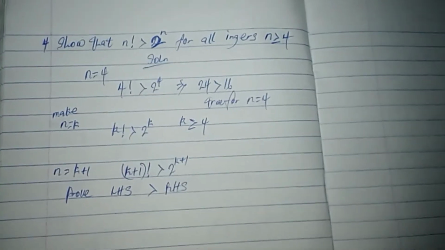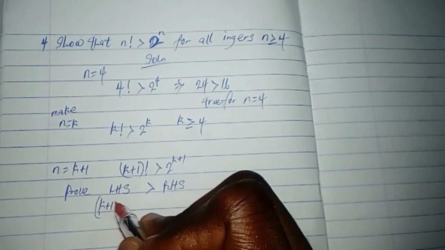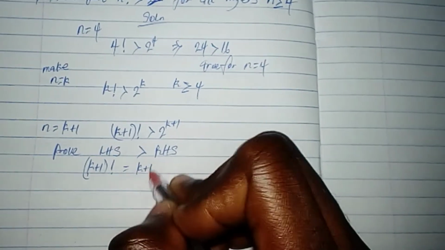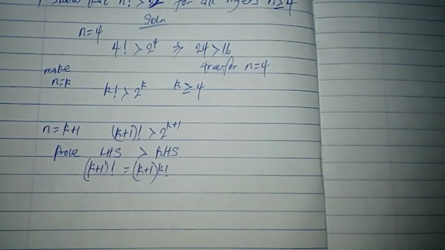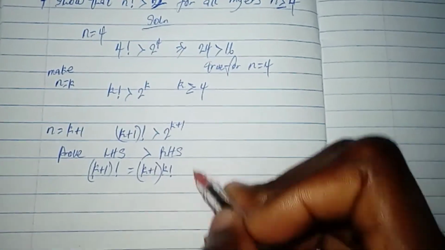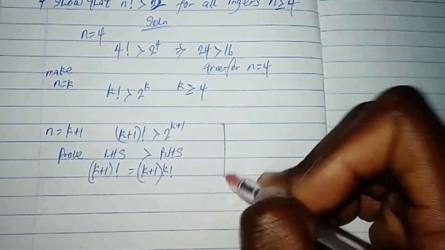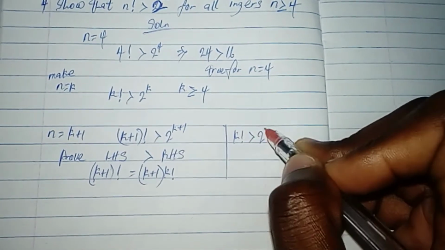So now bringing down the left hand side, we know that k plus 1 factorial can be written as k plus 1 times k factorial, right? We all know that. We also know from this induction hypothesis that k factorial was greater than 2 raised to the power k.